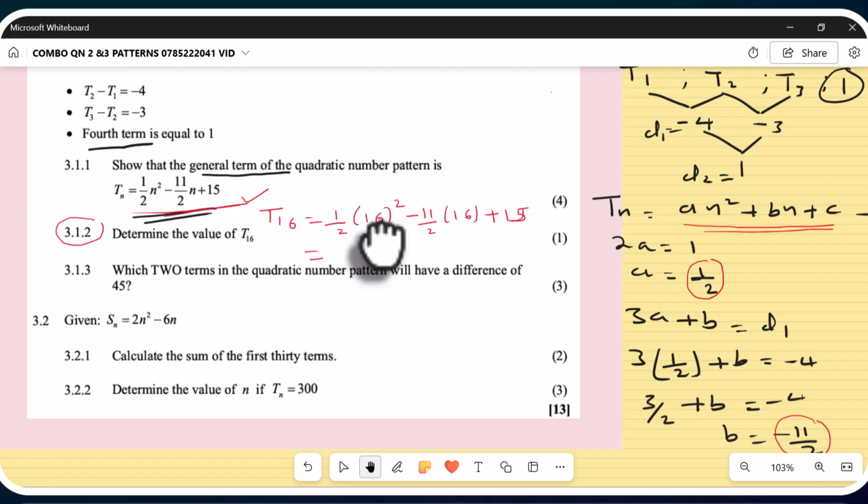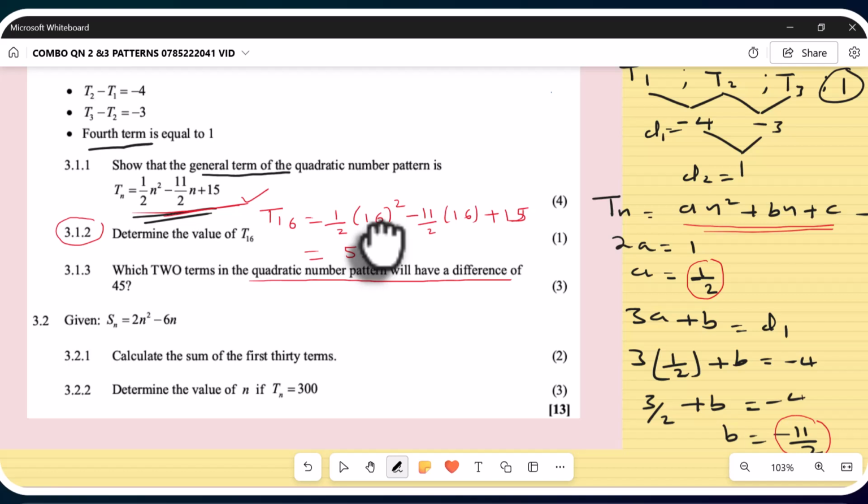Okay, together. Then they say here: which two terms in the quadratic number pattern will have a difference of 45? In other words, when you subtract Tn minus Tn minus 1, it should give us 45.